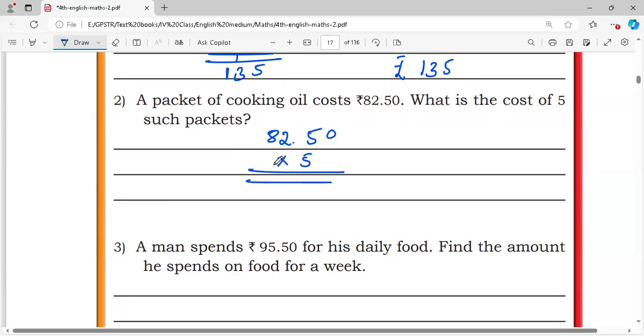They are asking. 5 into 0, 0. 5 into 5, 25, carry 2. 5 into 2, 10, 10 plus 2, 12, carry 1. 5 into 8, 40, 40 plus 1, 41. 412 rupees 50 paise.